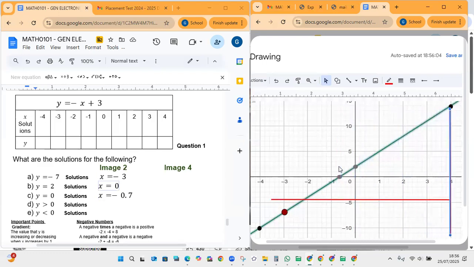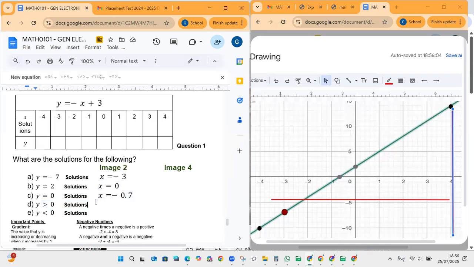That's where y is positive. You see y is equal to 5, y is equal to 10. All these are positive values of y. And where is that happening? This is happening when x is between negative 0.7 and 4. So this is the solution for y greater than 0.